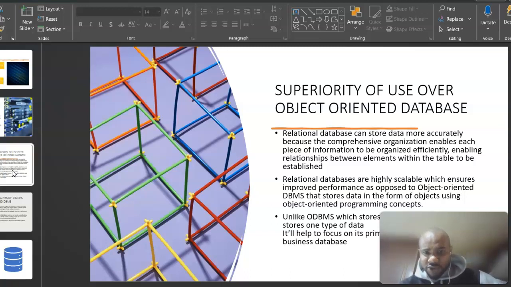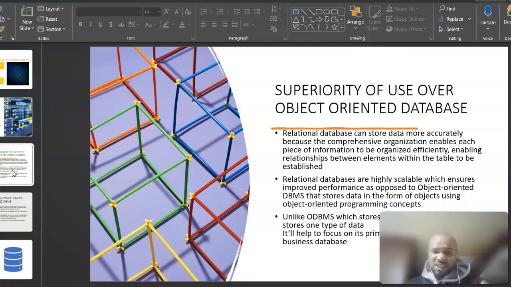We also have a relational database that is highly scalable, which ensures improved performance as opposed to the object-oriented database. I'm categorizing this with the business case, actually, because the object-oriented database management system is also scalable, highly scalable too.